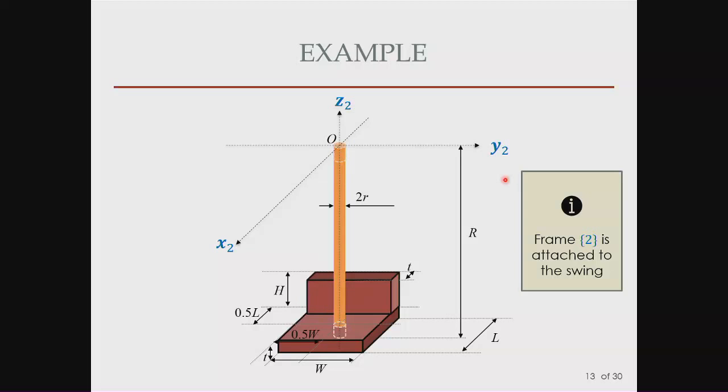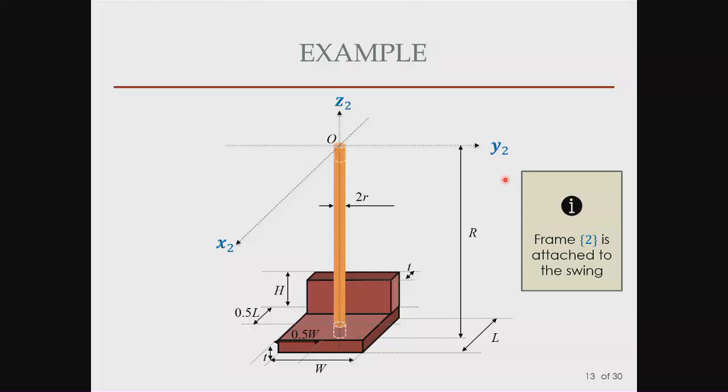Now let me know why I should do it about point O. What is my overall interest later on? Summing moments about point O, because then I don't need to care about any reactions at this universal joint.